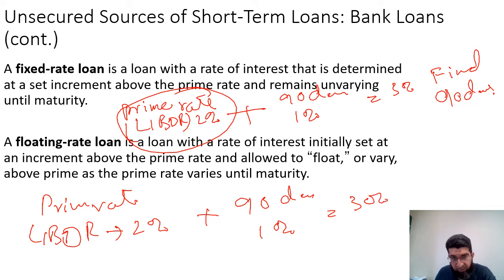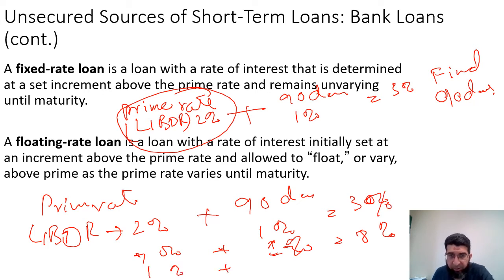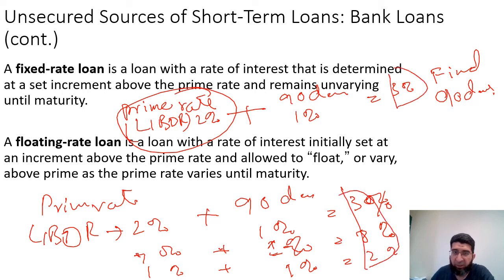Now the next payment period, it will be, let's say 7%. So the total will become 1% equals to 8%, and then it could be 1%, and the next payment period, 1% is fixed, so this comes out to be 2%. So it varies, floating rate, while the fixed gets an initial jump, but then it becomes fixed.